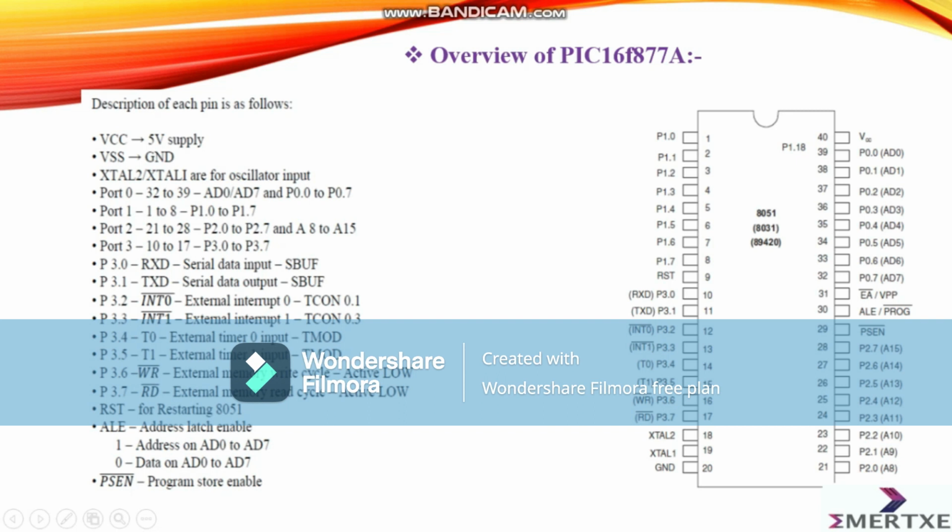Port 0 pins 32 to 39 are AD0 to AD7, P0.0 to P0.7. Then RXD is the serial data input, and pin 11, port 3.5, is TXD, serial data output. Port 3.2 is INT0 and INT1 is external interrupt 1. Then T0 and T1 are external timer 0 and external timer 1. These are pin numbers 3.4 and 3.5. Next is port 3.6, WR. WR is the external memory write cycle, active low. And RD is the external memory read cycle, active low.